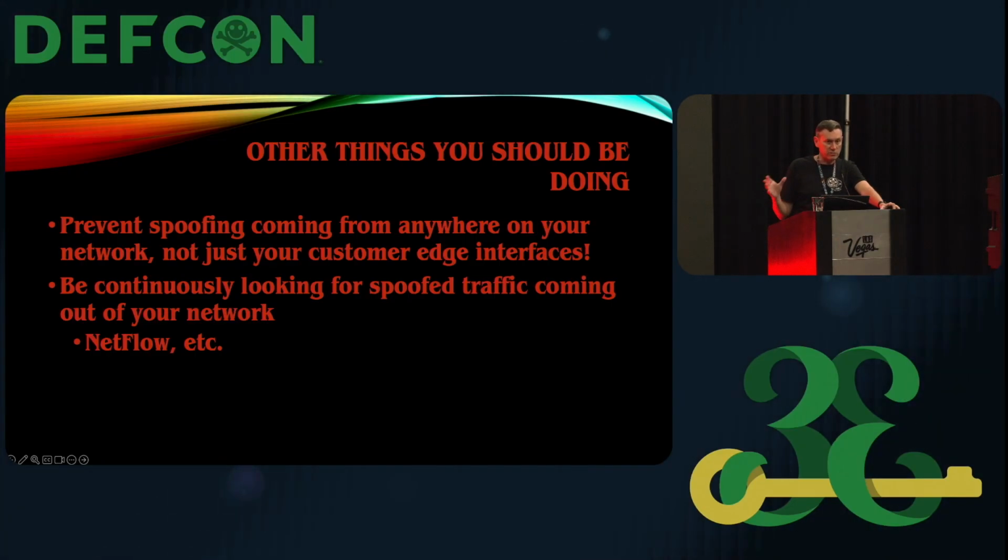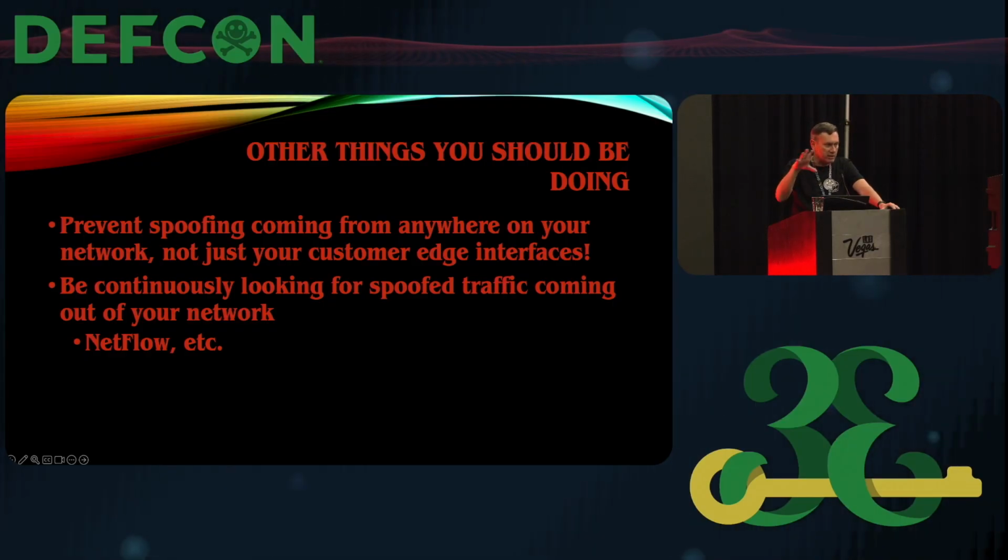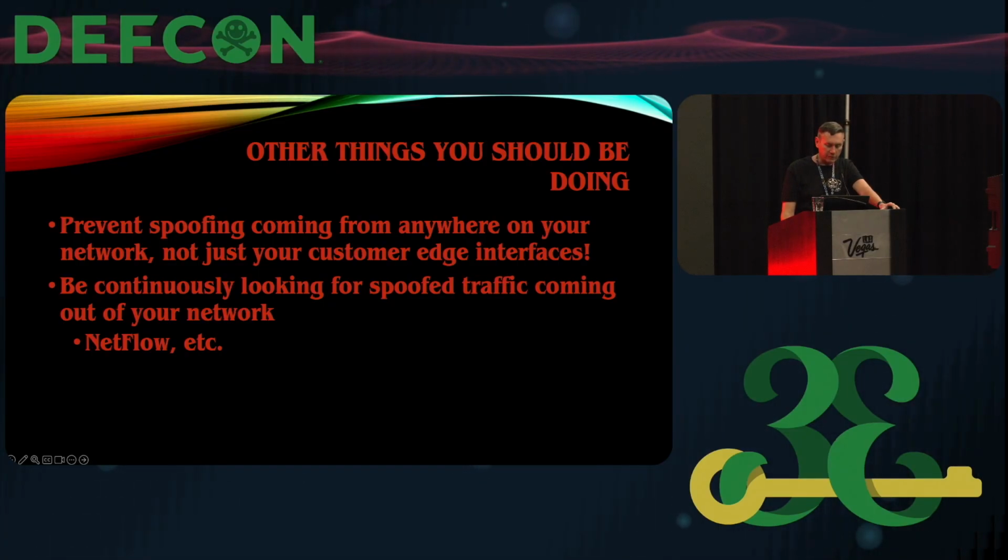And so I think that is why this is such a big vulnerability, that all these networks are doing a good job preventing their customers, the edge devices, from generating spoof traffic. That's great, but they didn't think about the routers. And so now there are all these vulnerable routers in the middle of the network that can generate the spoof traffic. And so you also need to be looking for this spoof traffic with NetFlow and using tools like that Tattletale tool that I have.